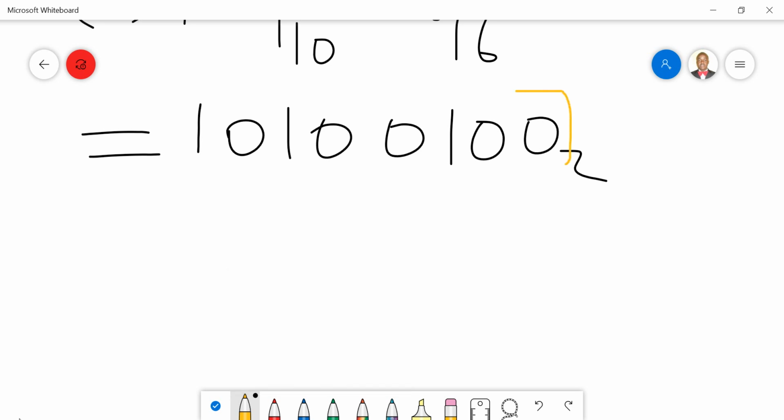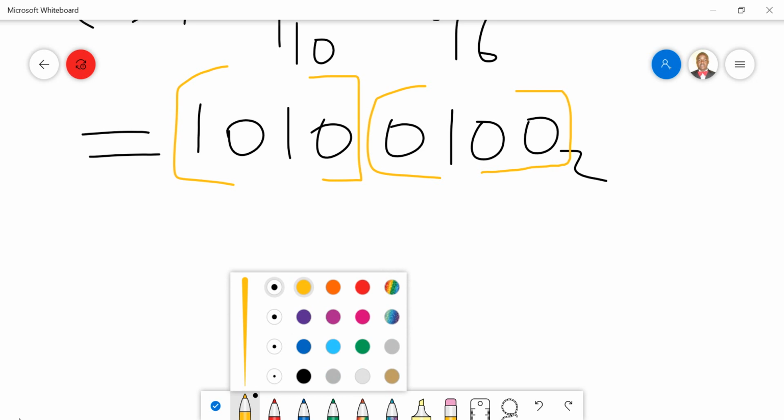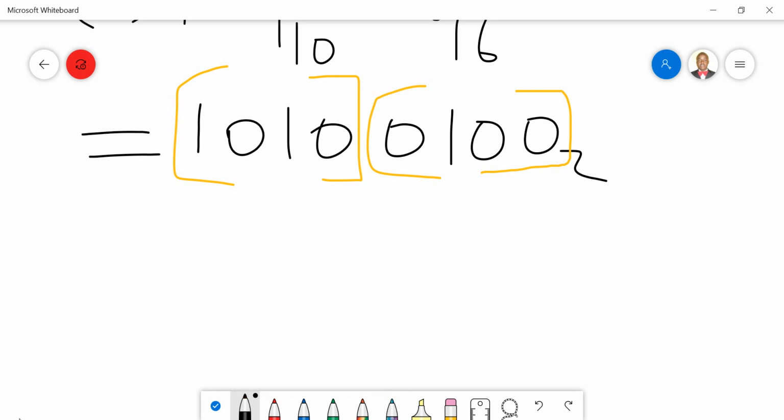You see now we have 2 groups. Each group we are going to convert using binary to decimal conversion. The first group we have 1 0 1 0, and the second group we have 0 1 0 0.